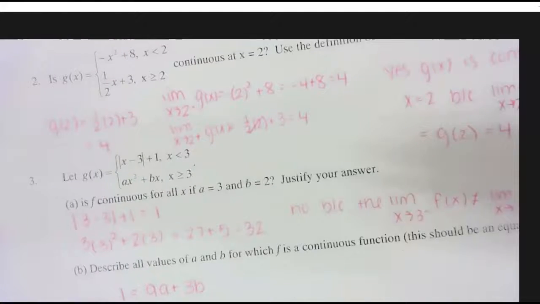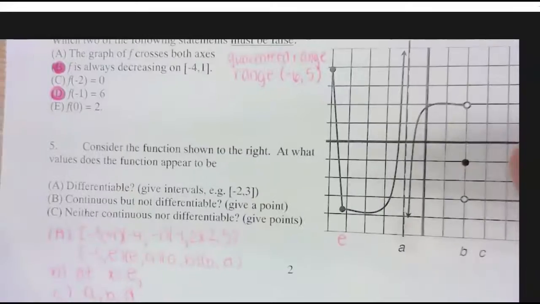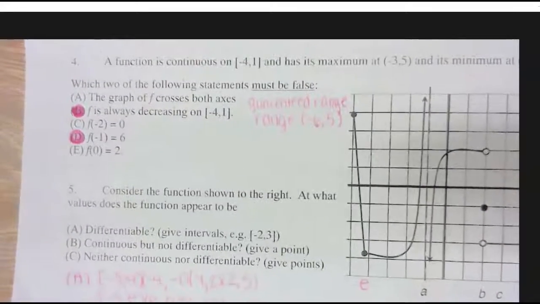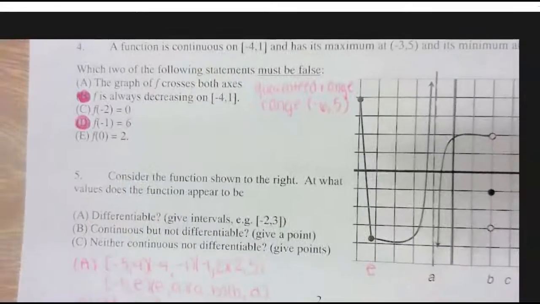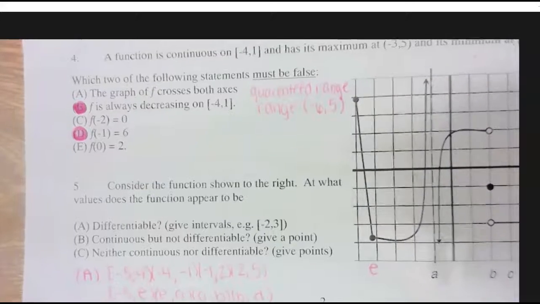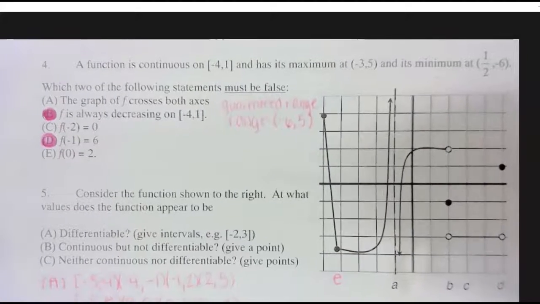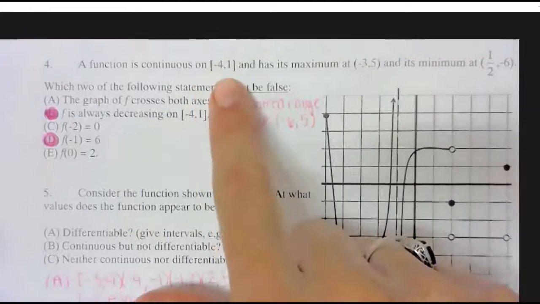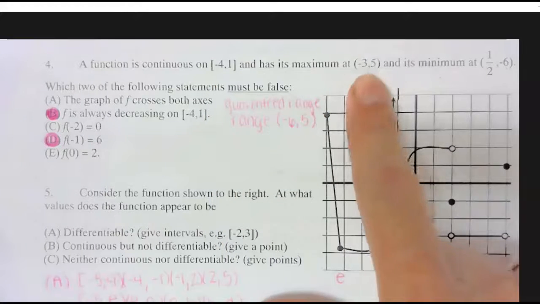Okay, part 4. A was false and could not be proven to be true, or rather the opposite. A was true and could not be proven false. B, however, is false because you're not guaranteed that it is decreasing because your interval is -4 to 1, but your max is at -3.5.